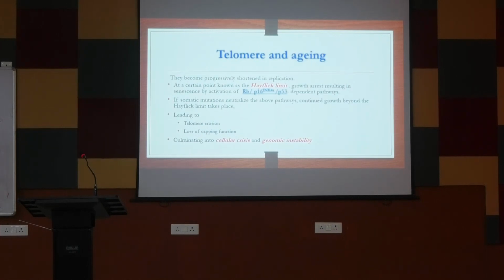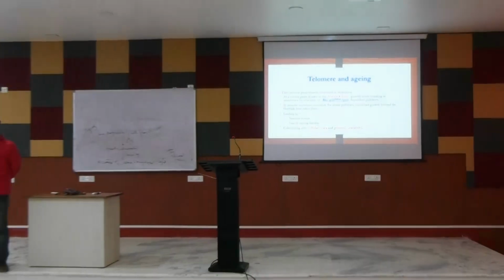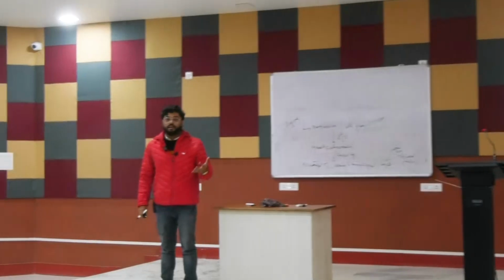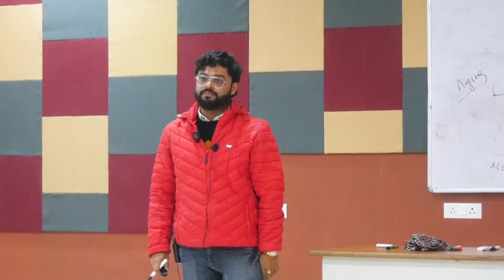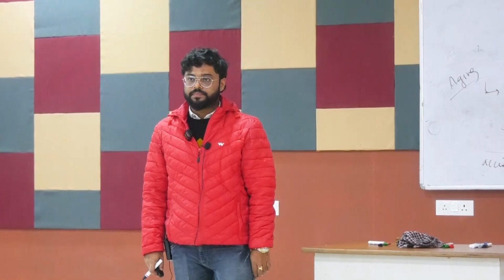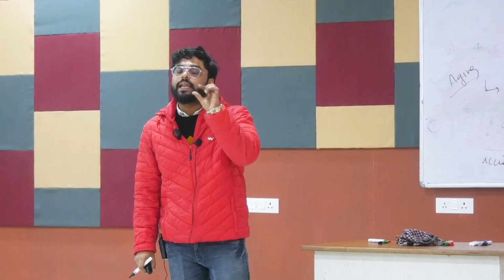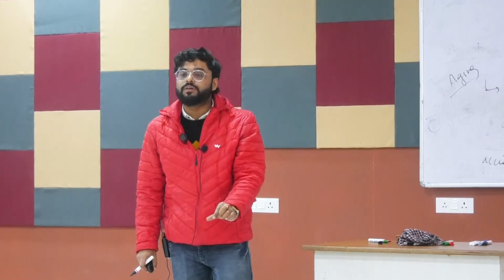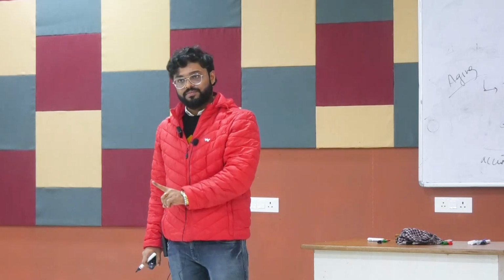So understand this part: suppose our chromosome is replicating, but after each particular division there is shortening of the length of the chromosome. Okay, but there is a constant length within a chromosome up to which a cell can be shortened.